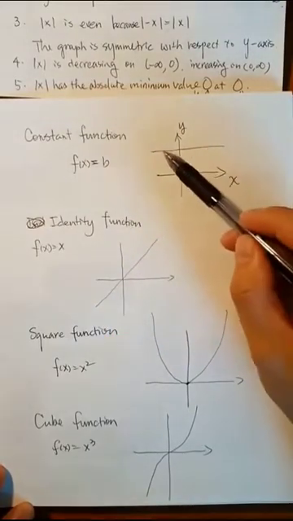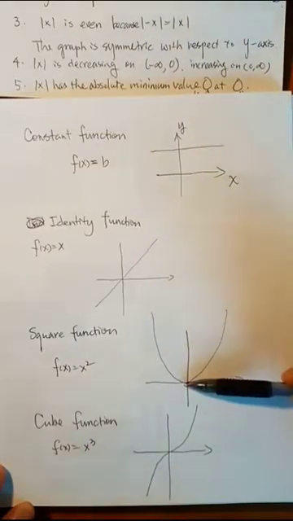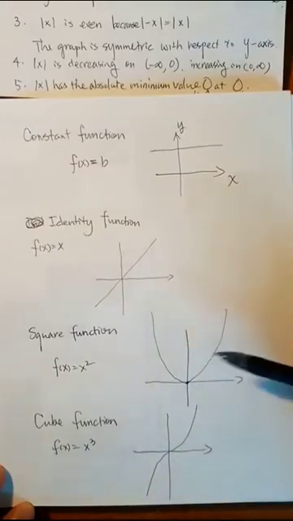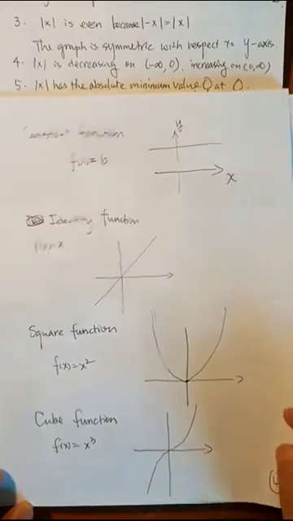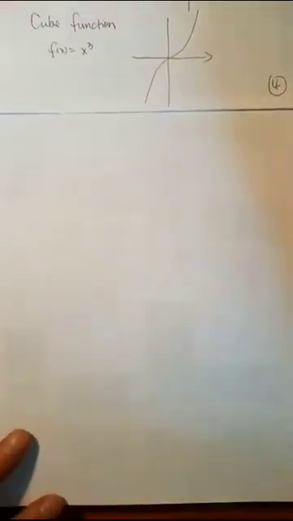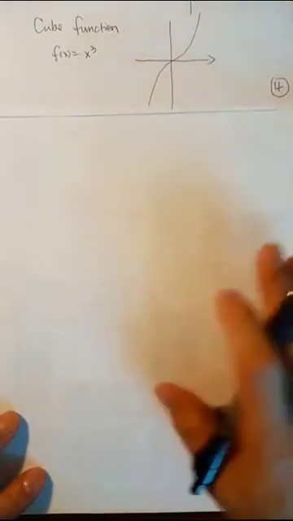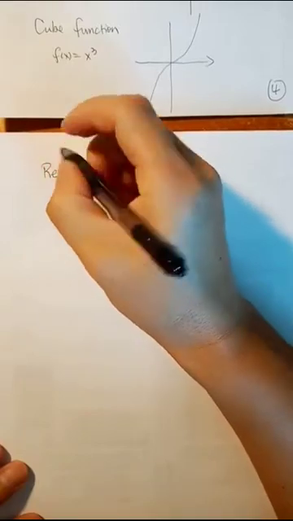The constant function, the range is a point. Square function, the range is from 0 to infinity, including 0. For the cube function, the range is from negative infinity to positive infinity. And then we also have the square root function and cube root function, as we just discussed. And another one is the reciprocal function.